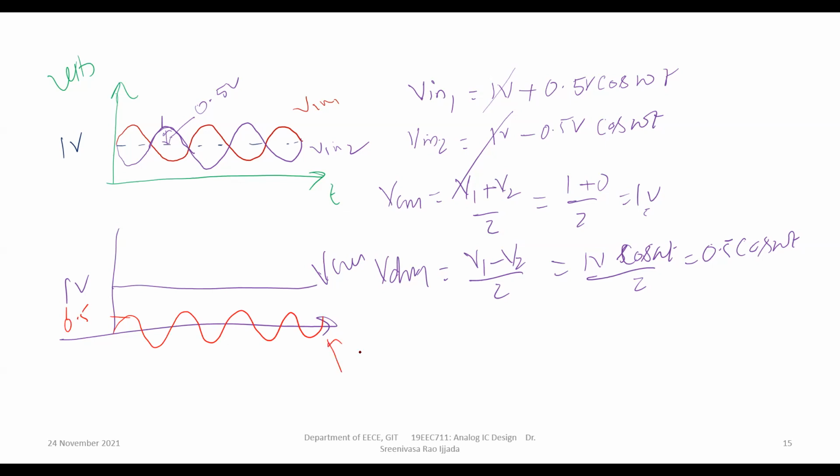This is your DM value. So what is V1 in terms of VCM and VDM? V1 is equal to VCM plus VDM, and V2 is equal to VCM minus VDM.